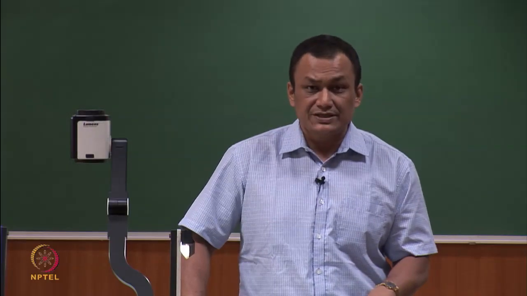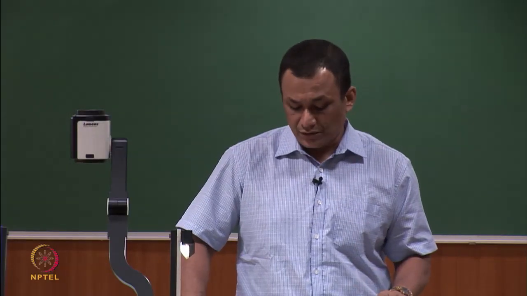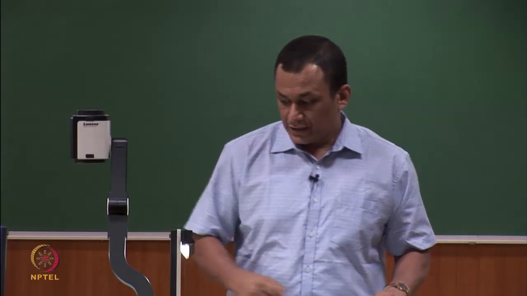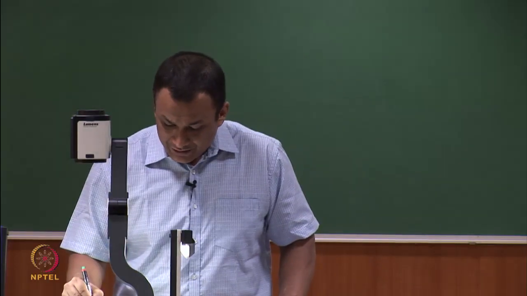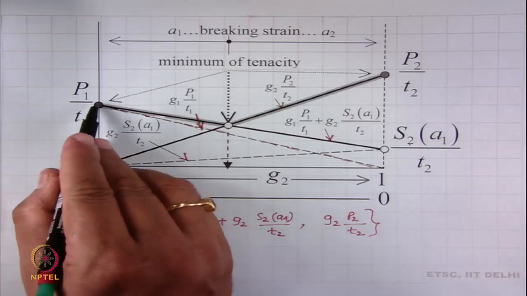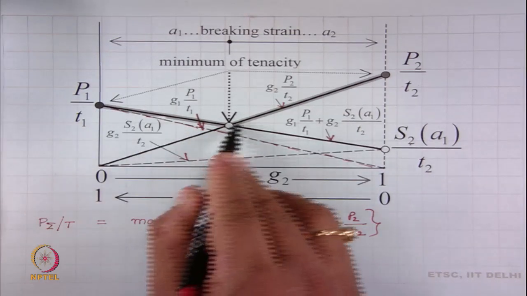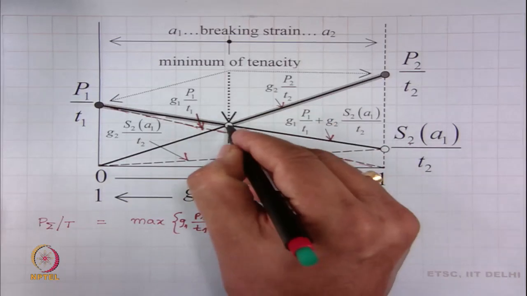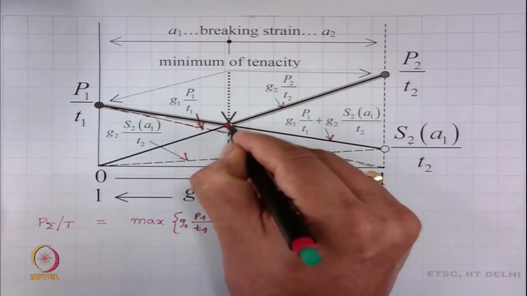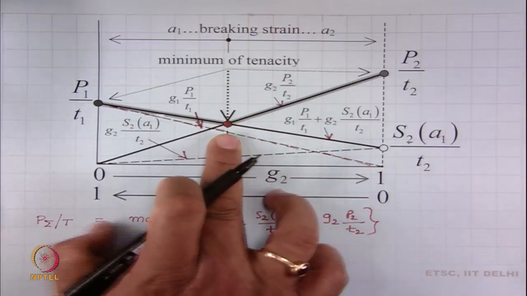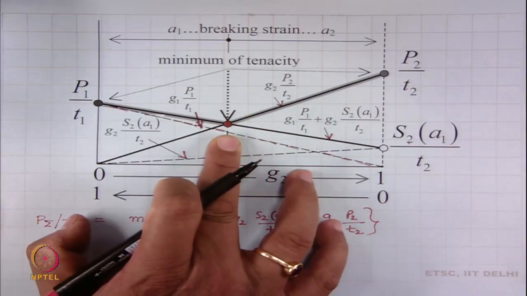So, minimum tenacity is always our concern. That means this will be the behavior of this bundle and then it increases. This point is the worst point. In any case we must avoid this point, right.